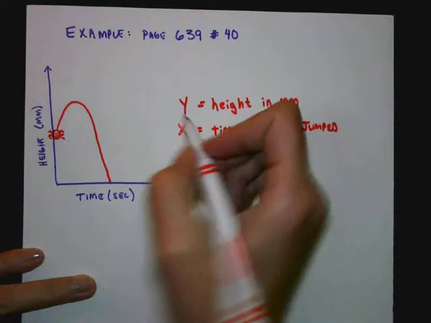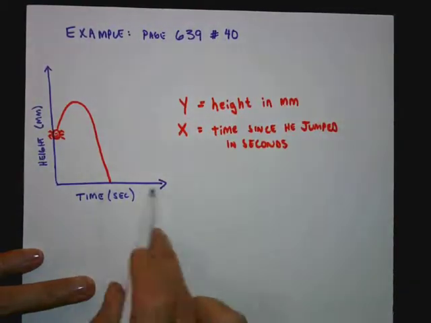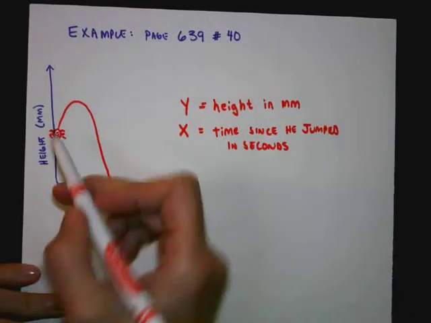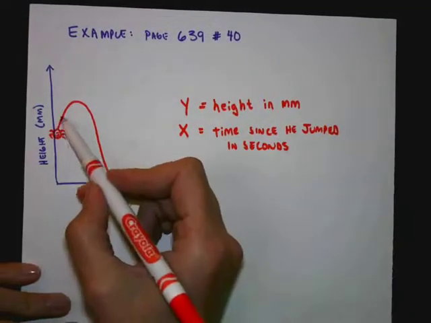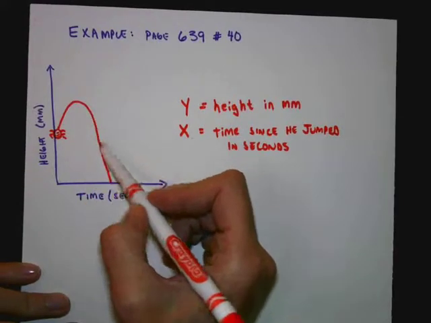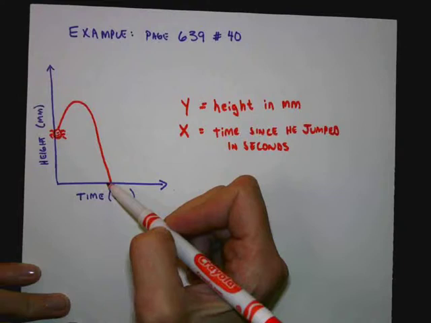And we're going to track that using the variable x, and so along the x-axis of my graph I have seconds. So at first he jumps up and he's going up, up, up, but gravity is slowing him down and then eventually turning him around, and he comes all the way back down to the ground.